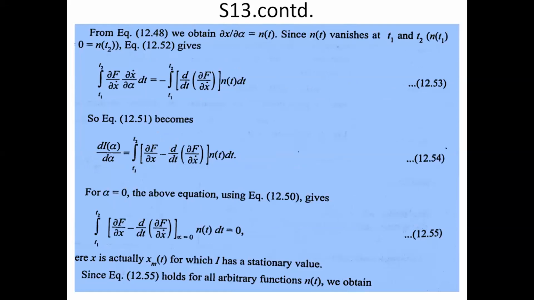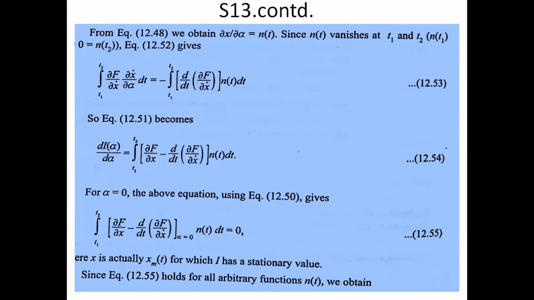So we have ultimately the derivative of I at alpha in S13 as ∂f/∂x minus d/dt of ∂f/∂x' multiplied by η(t) equals 0. If I take alpha equals 0 in the above equation, I get ∂f/∂x minus d/dt of ∂f/∂x' at alpha equals 0, times η(t) dt equals 0.